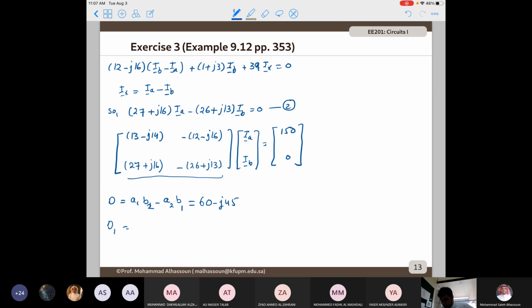D1 is we replace the first column with the solution. Since we have 0, all we care about is C1 multiplied by B2. And in this case, we're getting minus 3900 minus J1950.